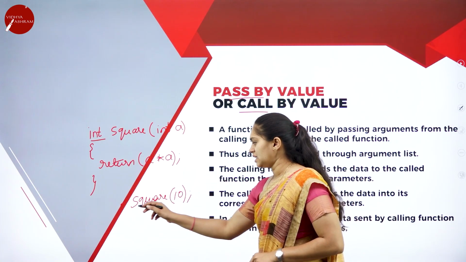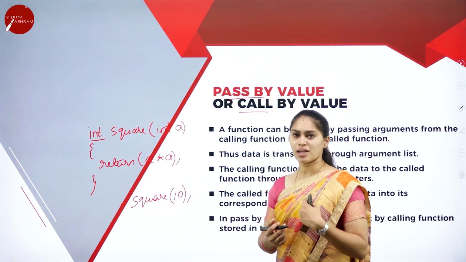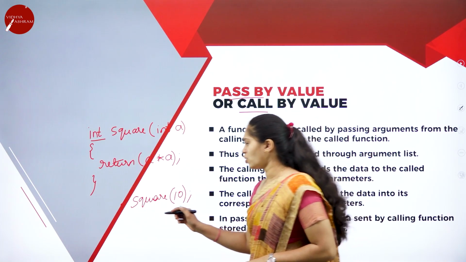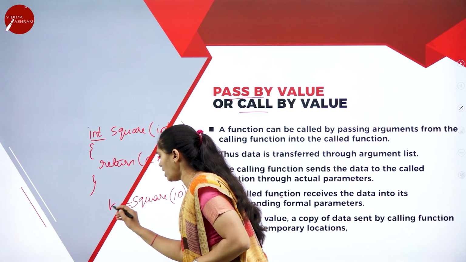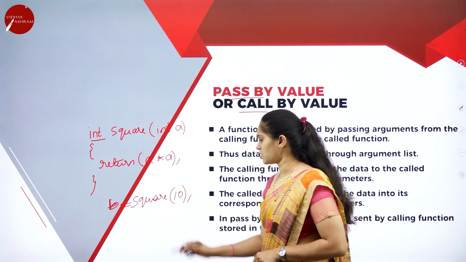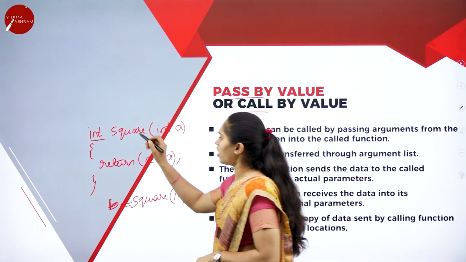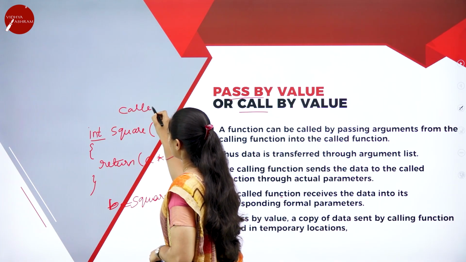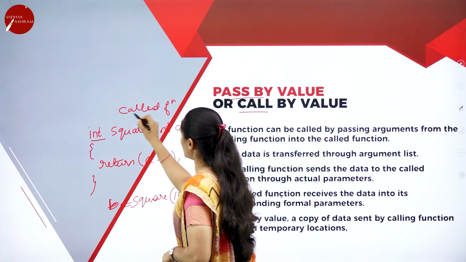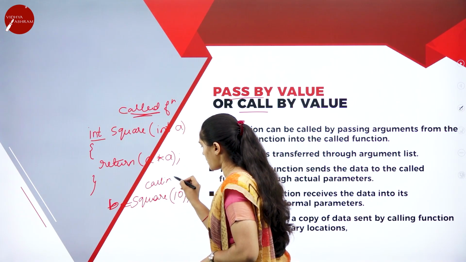So here this square is not capable of producing the result. That means it's not able to display the resultant. So I'm just going to take one variable called b, so that b will store the value of this square. So here we are in the calling function. This is the called function. So you remember, this is the called function and this is the calling function.